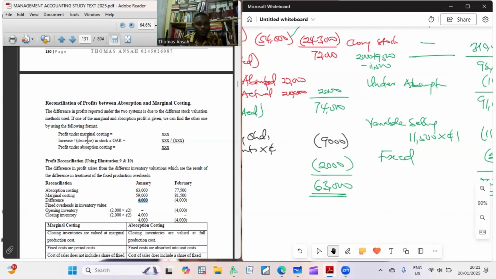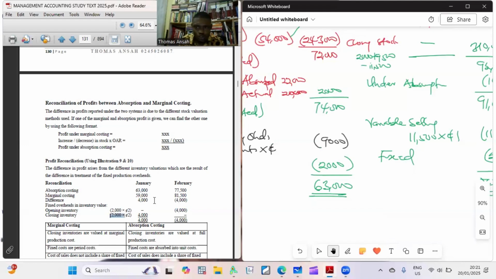Now, if you pick it from your opening stock and closing stock, there was nothing for opening stock in January, so that is dash. But the closing stock in January became the opening stock in February.